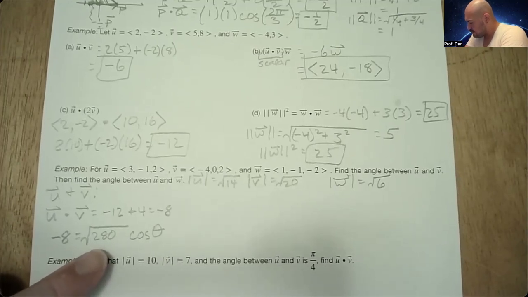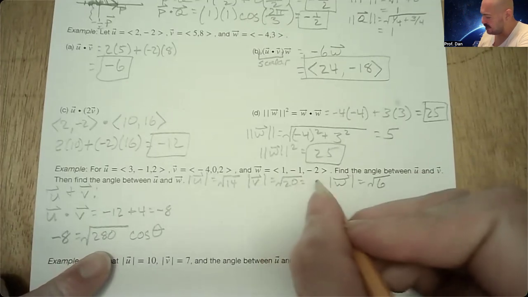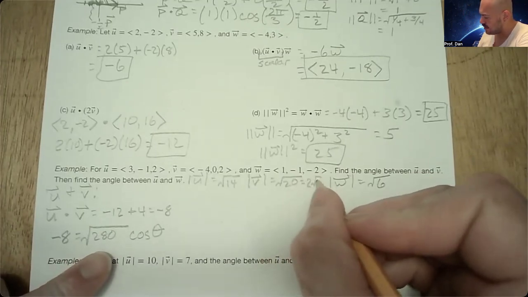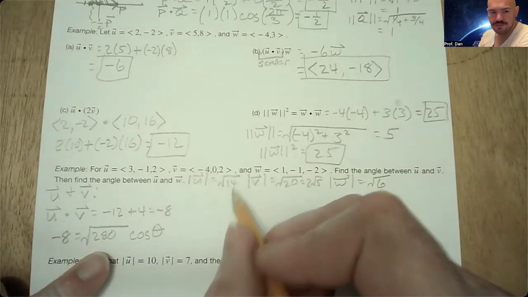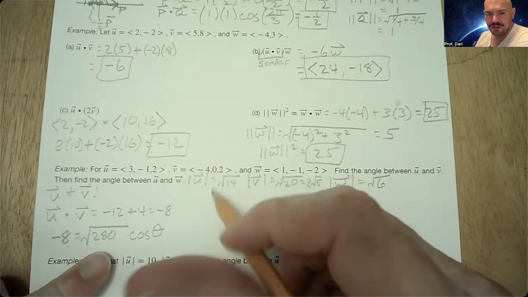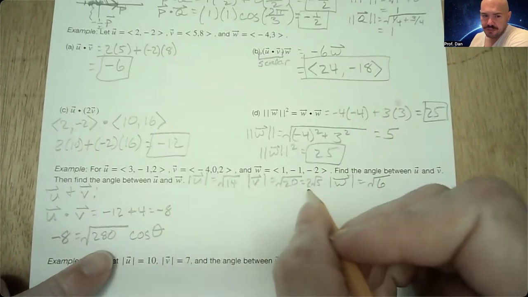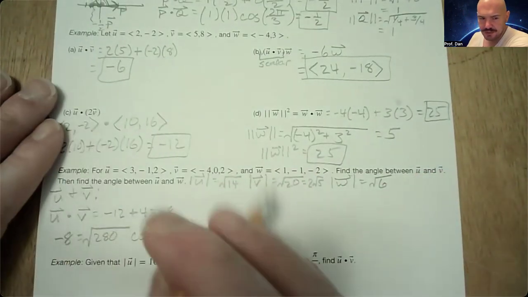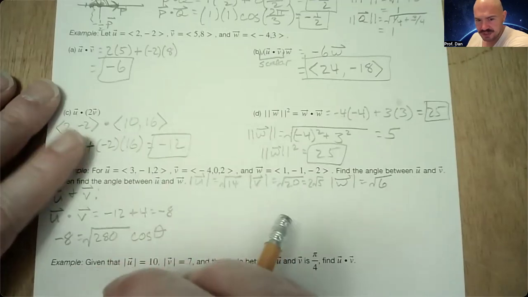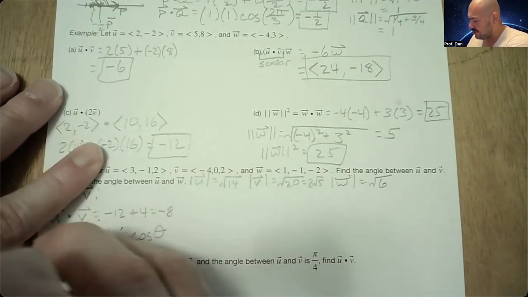I mentioned earlier that this guy could be simplified. Square root of 20 is the same thing as 2 square root of 5. 14 is 7 times 2. Right? So I can't really take anything out of that square root. But that means that I could simplify the square root of 280 to 2 times the square root of 14 times 5. So we could write this as 2 square root of 70.